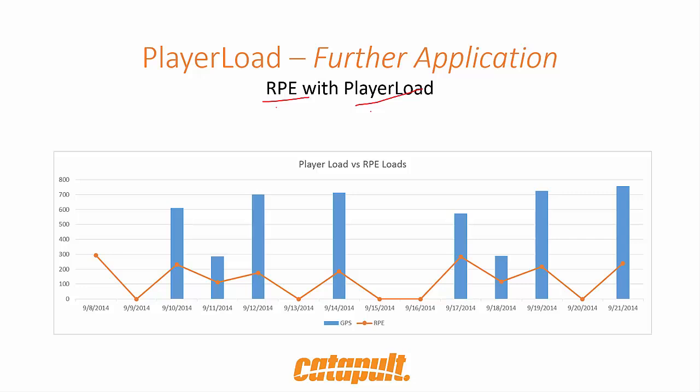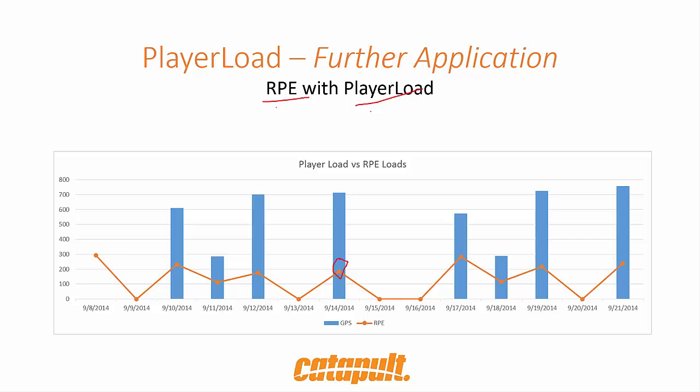And for the most part, if the athlete is filling out the logs consistently, accurately and honestly, then when it was an intense session, their RPE, their load, is going to follow that pretty precisely. So when the player load is higher, you'd see your RPE higher.